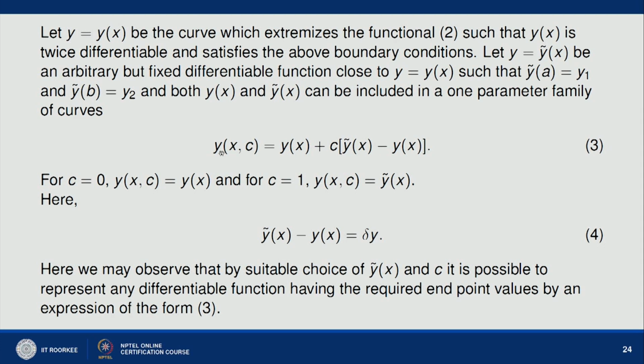So if you look at equation number 3, then at c equal to 0, this y of x comma c reduces to y of x, and if you take c equal to 1, then this y of x comma c reduces to y tilde x. So we can say that as c varies, y of x comma c represents a differentiable function which can be written as a linear combination of y of x and y tilde x, and here we denote this difference y tilde x minus y of x as delta y.